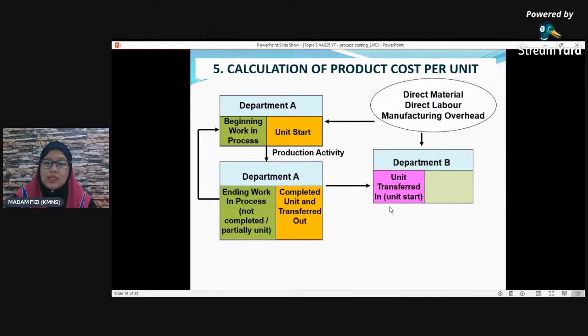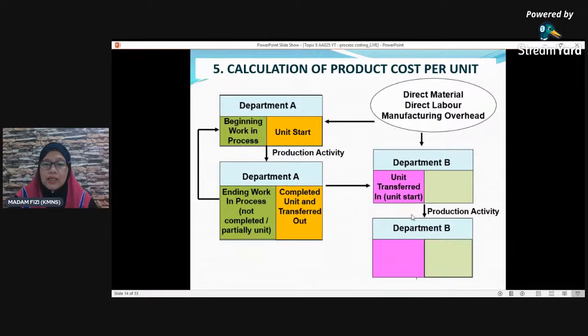Actually, itu adalah unit start dekat department B, but we call it as a unit or cost transferred in. Kita pun buat kerja dekat department B, buat proses. Macam biasa, mesti ada yang siap, mesti ada yang belum siap. Jika ada yang belum siap, that is the ending work in process in department B.